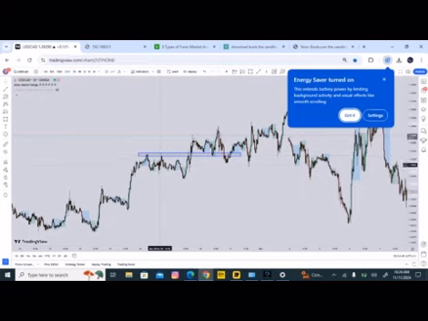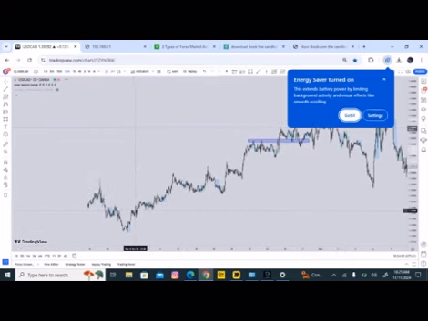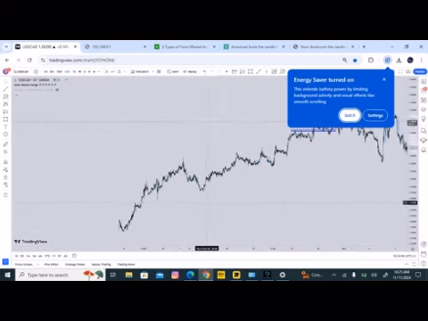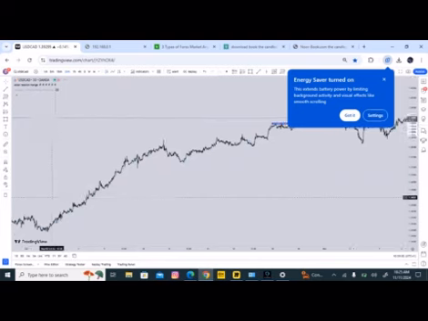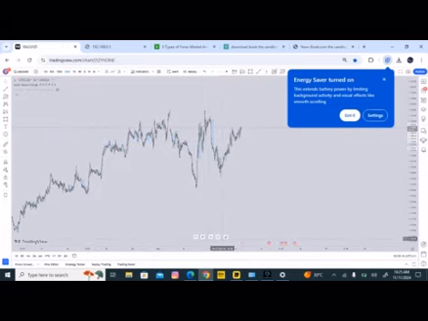Also, support is just like a floor. It's a floor level, right? Where price is failing to break below. I'm trying to look for a very good example of a support level and a resistance level.